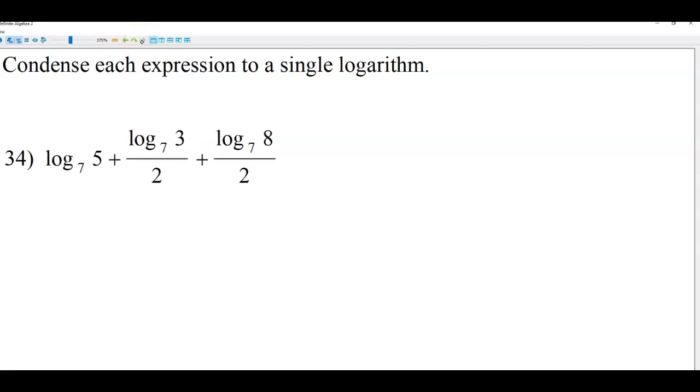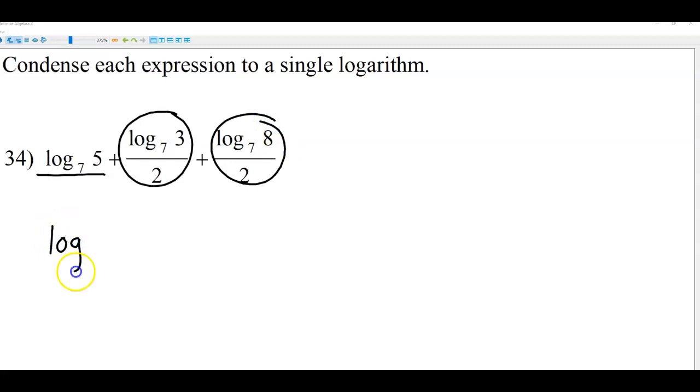All right, one more problem. Once again, property C is first. I can't do property C on this one because there's no number in front of the log. But these two are the weird versions of property C, so we can apply that.